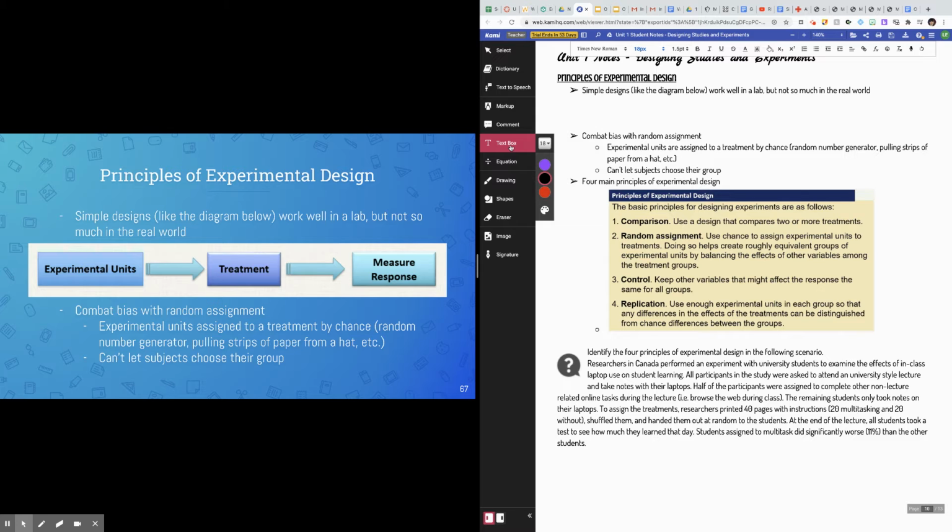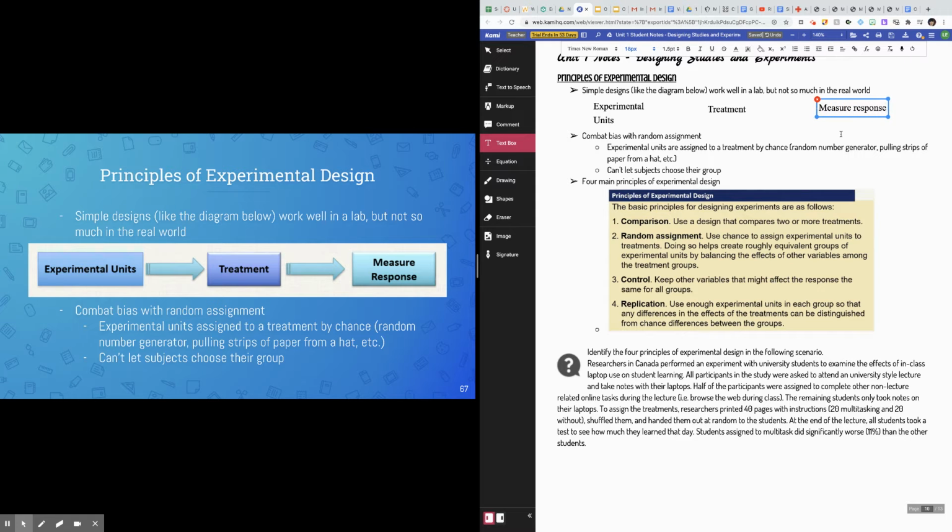That works really well in a lab, like really, really well in a lab, because you have all of these controls, right? But that doesn't work out so well when you are dealing with actual people, or you're working in the real world.